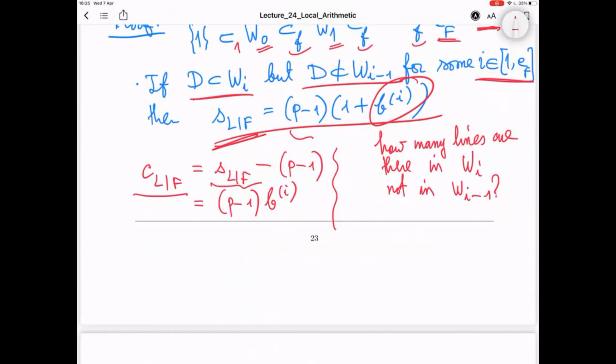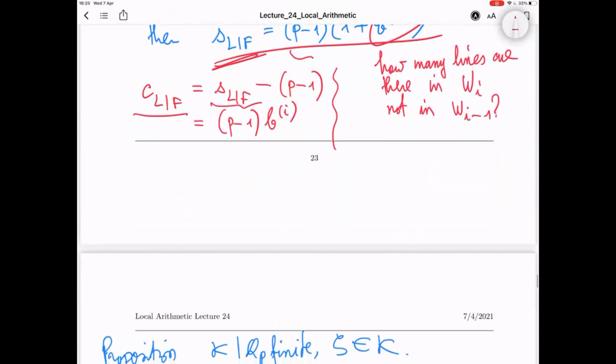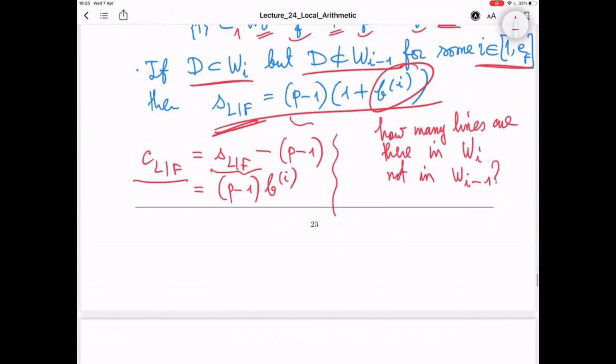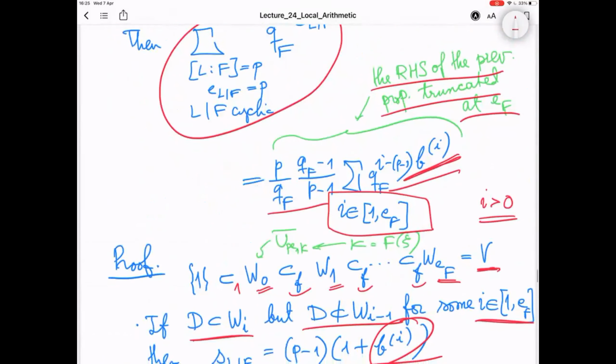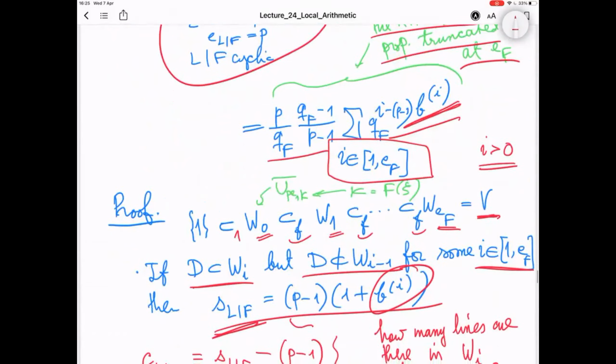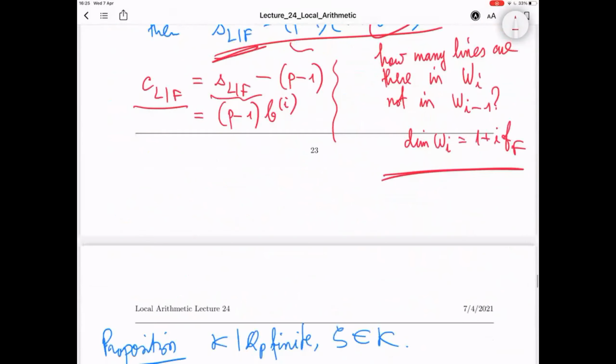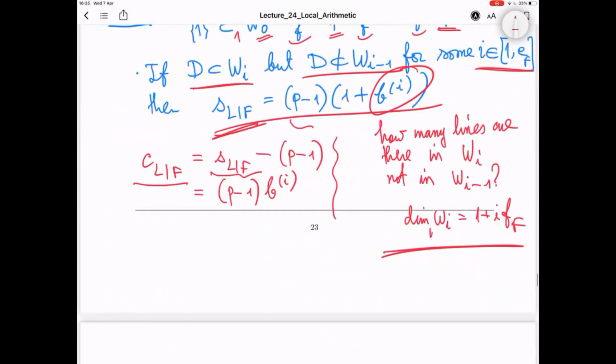And that is easy to answer because we know the dimension of these spaces, right? The dimension perhaps of Wi is maybe 1 plus F times i or something. Yeah. So then you know how many lines it has and so on. Okay. The dimension over FP, of course.